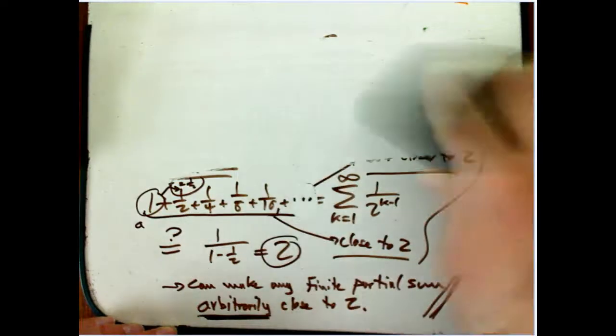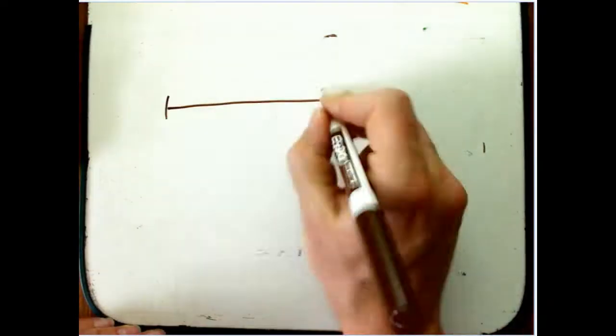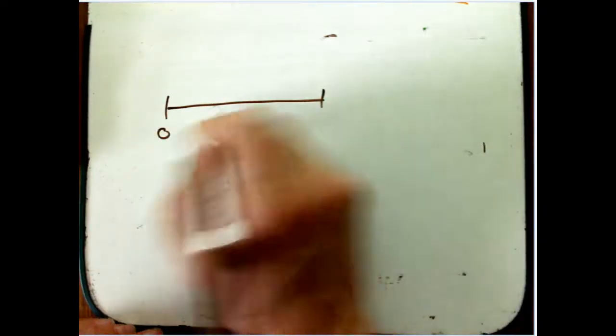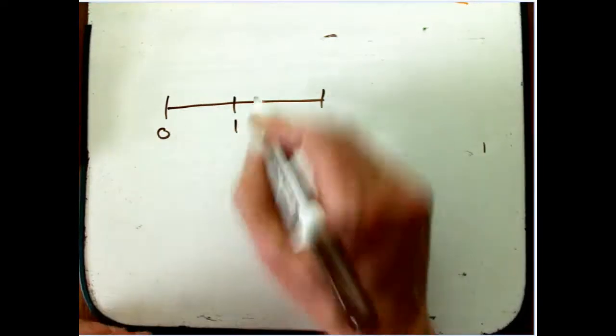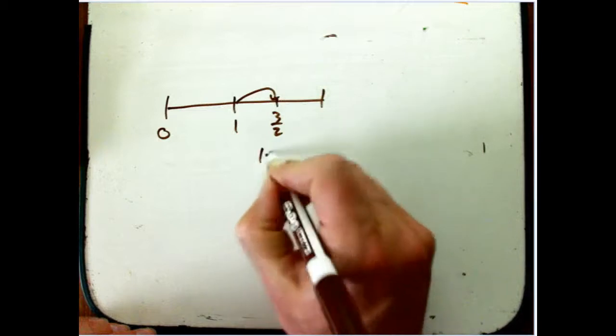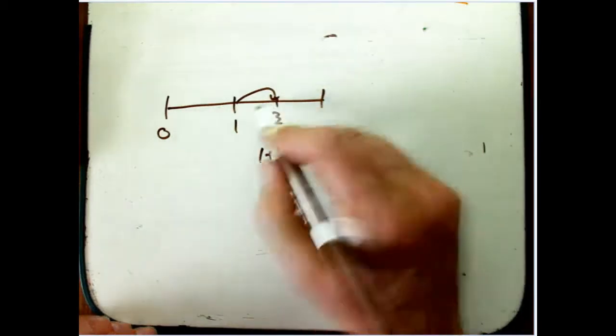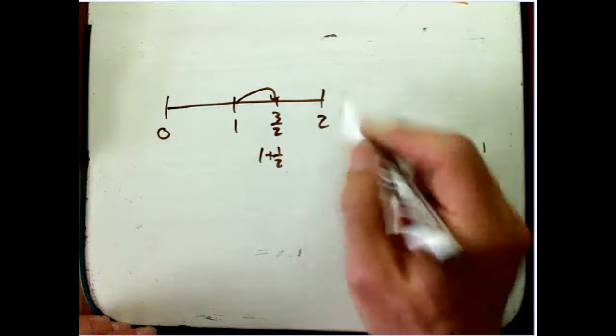Another way to say it is that there's a trend here. If we do this on a number line, I think it's really helpful to look at this pictorially. We go from 0 to 1 to start the series. We had nothing, and now we've got the first term. Then we go to 1.5, or 3 halves, 1 plus a half. That happens to be halfway to 2, which we already have a suspicion is our goal.